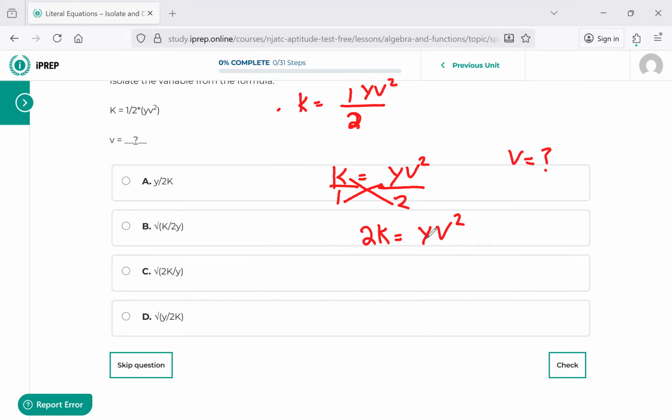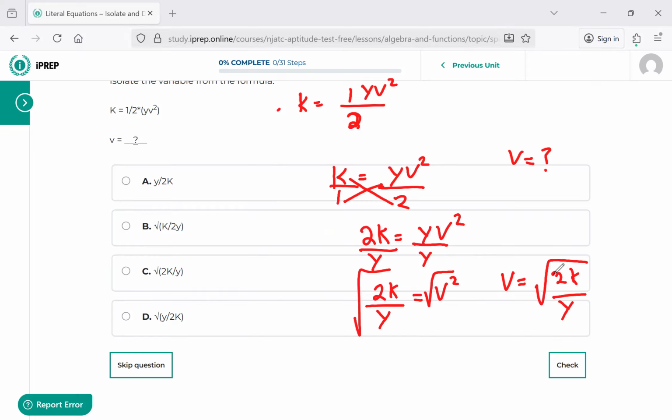So you're going to get rid of this y by dividing both sides by y. So you have 2k over y equals v squared. And then solve for v by taking the square root of both sides. Okay, there I go. V equals square root of 2k over y. So that's the mistake I wanted to point out.